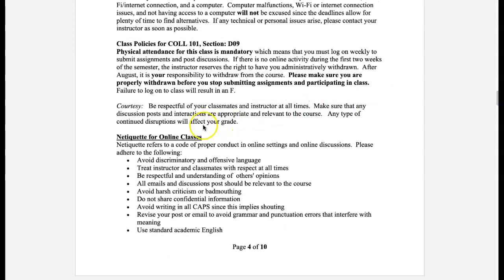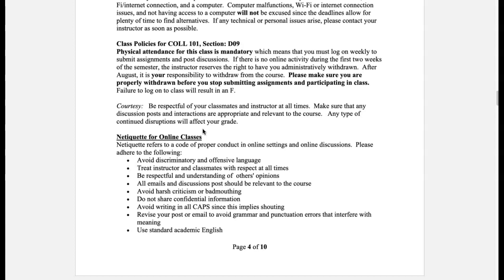Also, please make sure that you are respectful of myself and your classmates at all times. When you are posting in your discussions, please make sure that it's relevant to the discussion post and to the course. Please do not post any personal information or anything that might be offensive or derogatory to anyone.